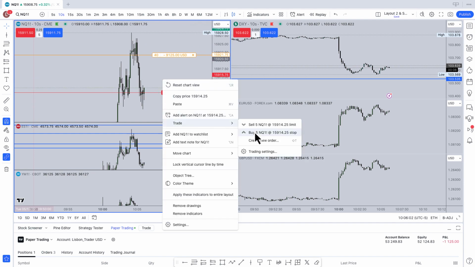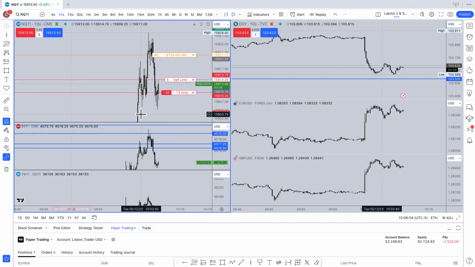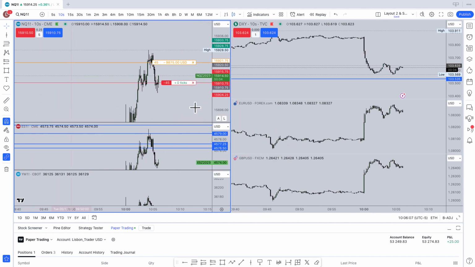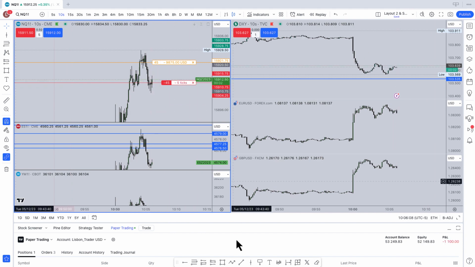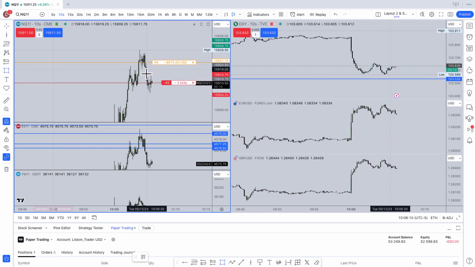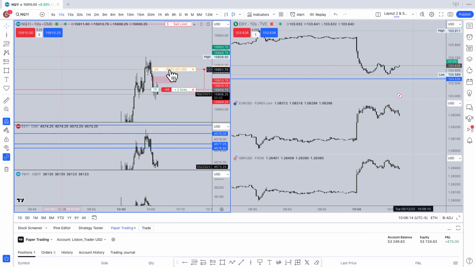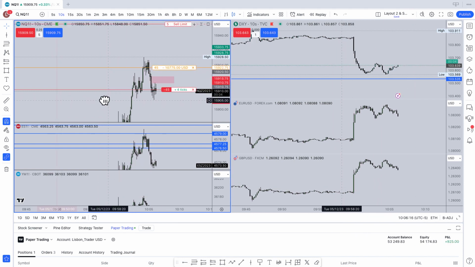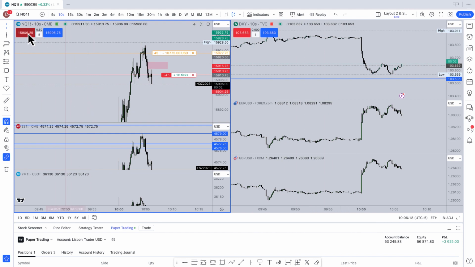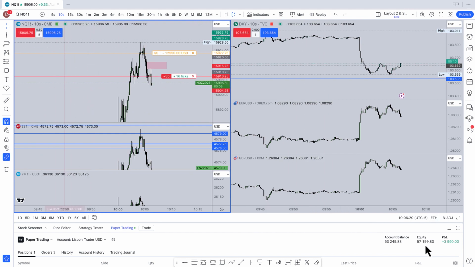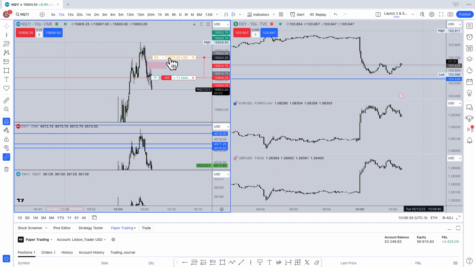Waiting for some selling above this level. There. Okay, so it's respecting. We have 573k profits that we want to squeeze.